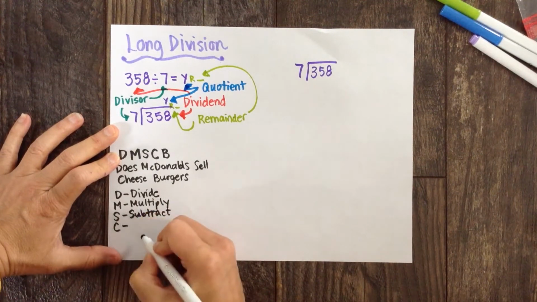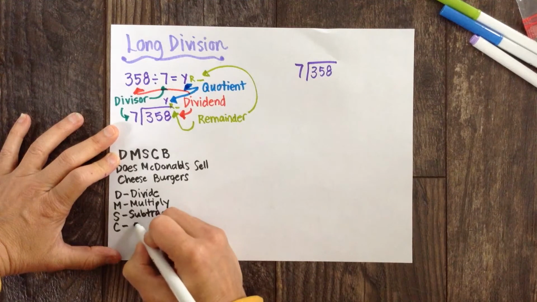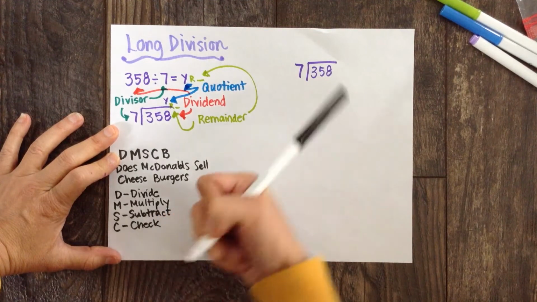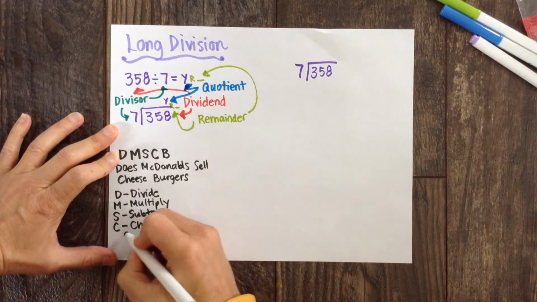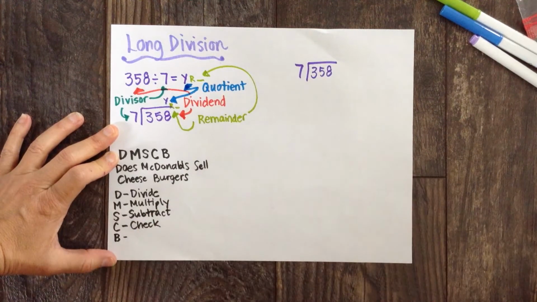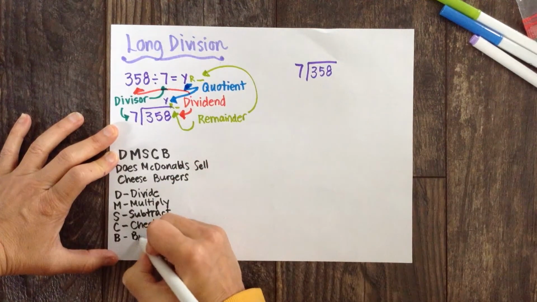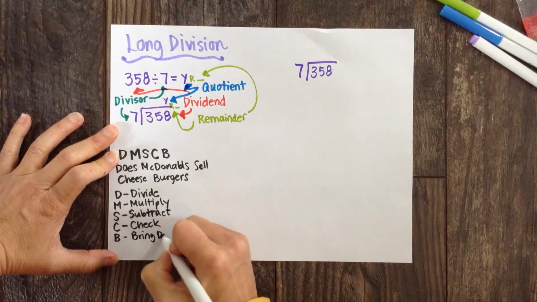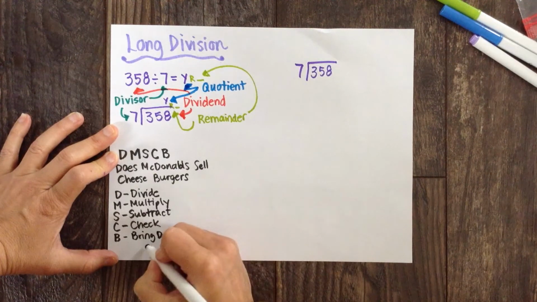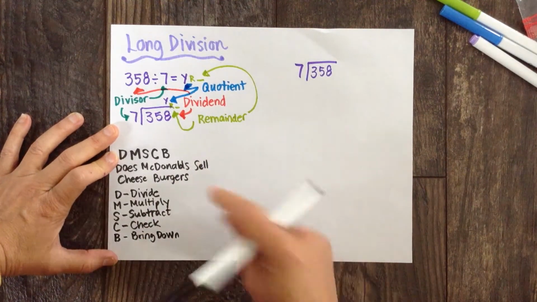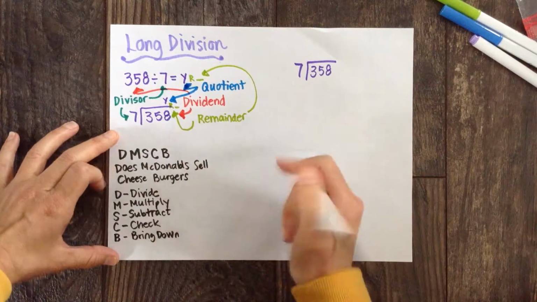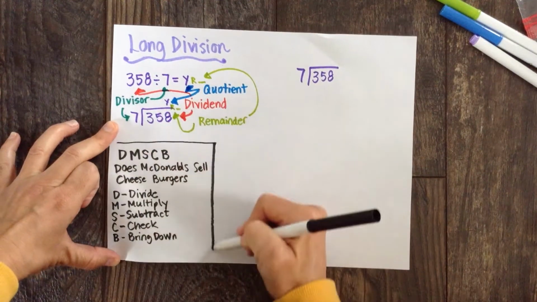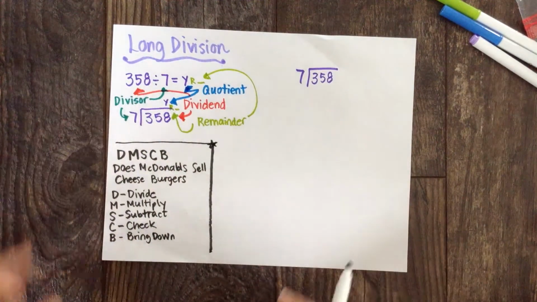C, we're going to check our number, and we'll talk about that as we solve. And finally, B, in most cases, we're going to bring down to start it all over again. Okay, so let's keep this here as our little tidbit of help. All right, that's our little star.